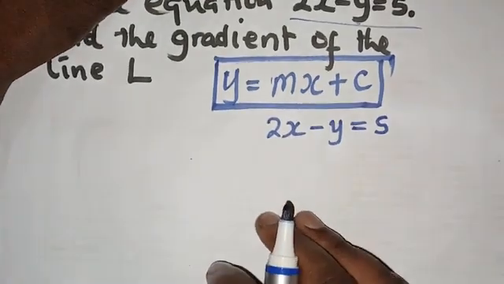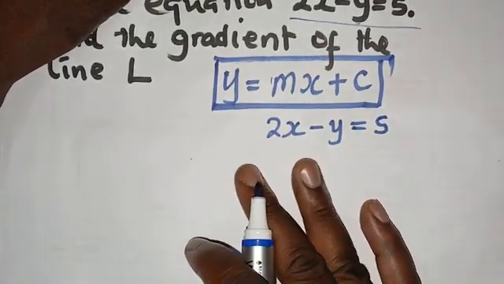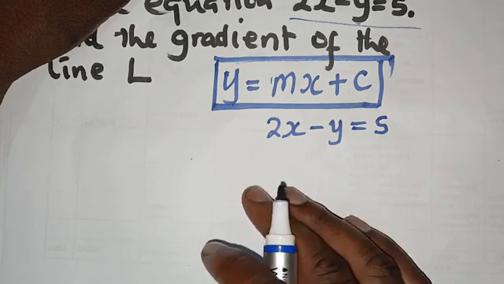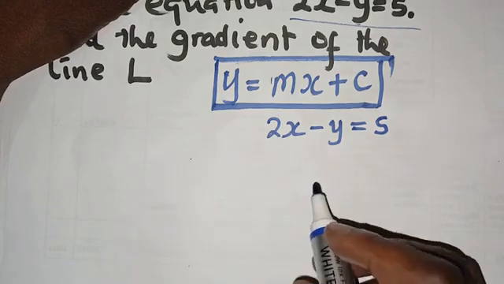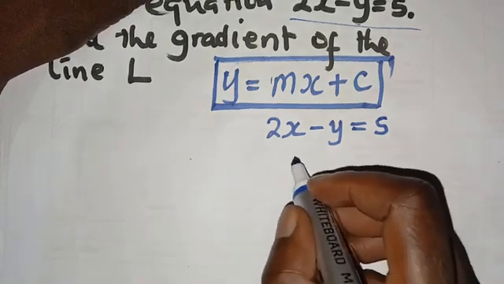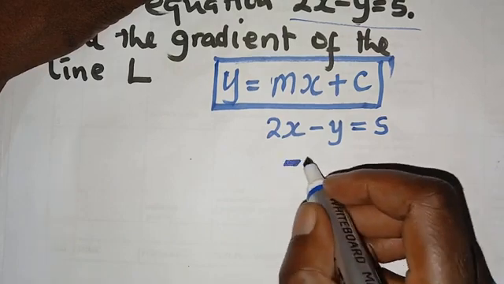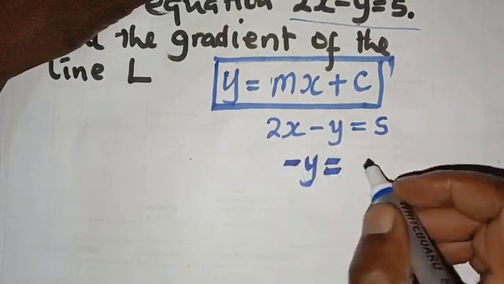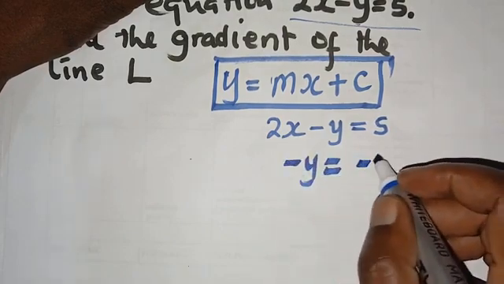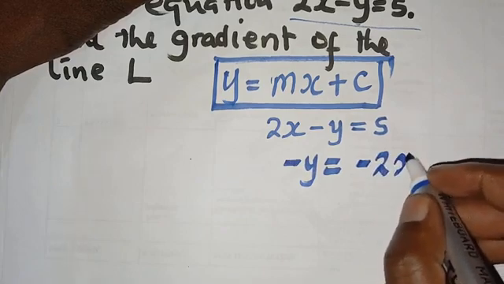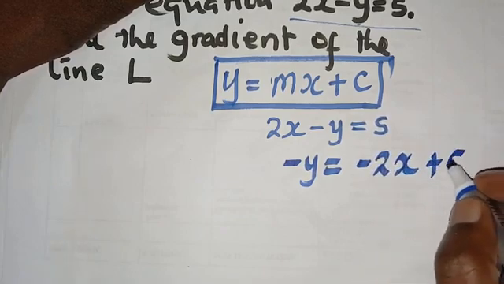Remember, I'm trying to push the equation until we get it in that form. So what do I do? The first step, I'm going to say, okay, let me say minus y is equal to minus 2x plus 5.